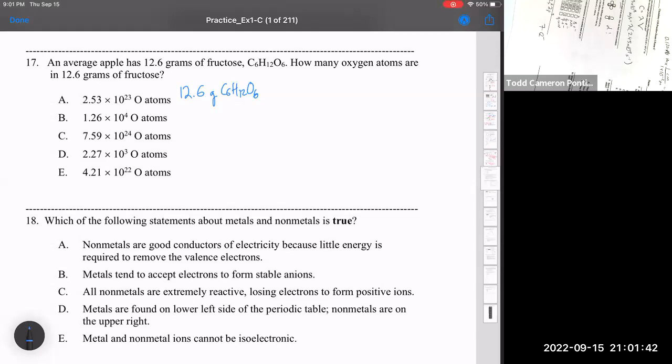In order to get to the number of atoms, we need to use the universal currency of chemistry, which is the what? The mole, okay? Moles are oftentimes central conversion factors in these types of problems.